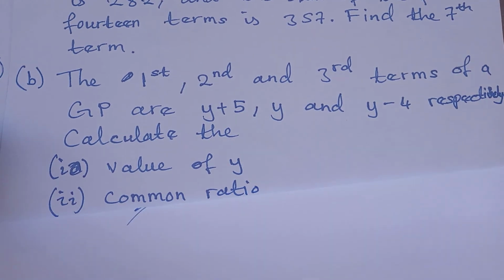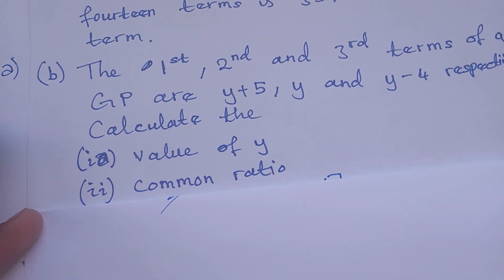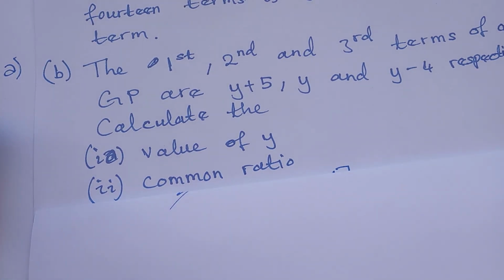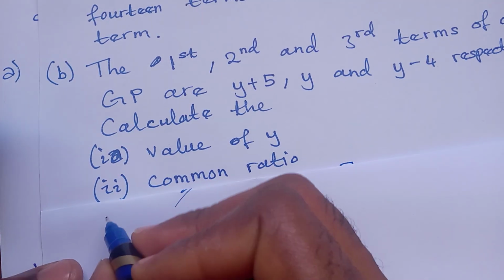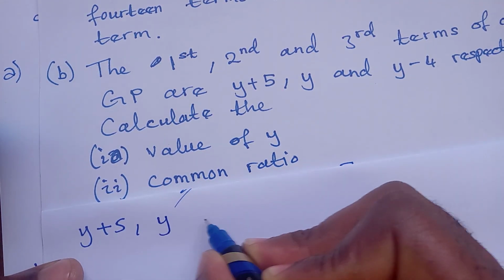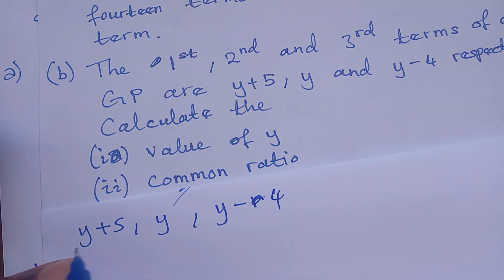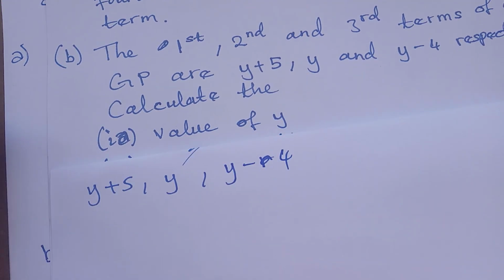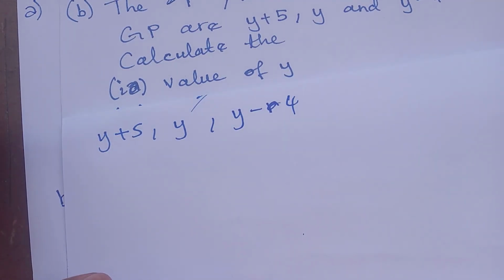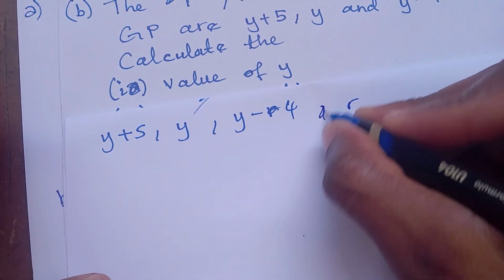So, like I said in the introductory video, when you have terms like this, y plus 5, y, and y minus 4, and these are consecutive terms, it means they have a common ratio called r.